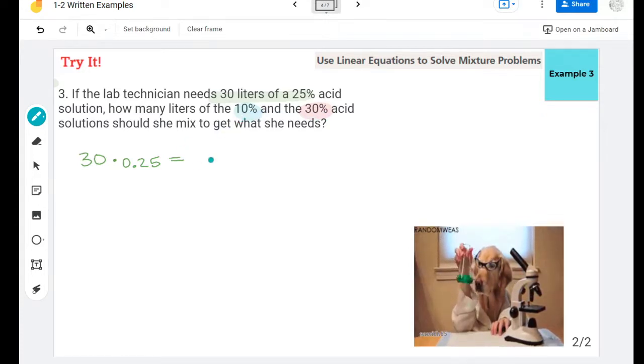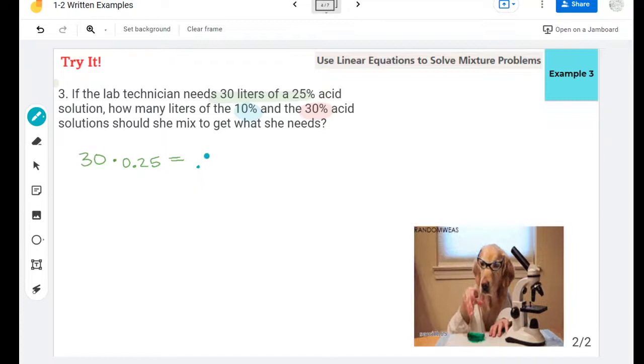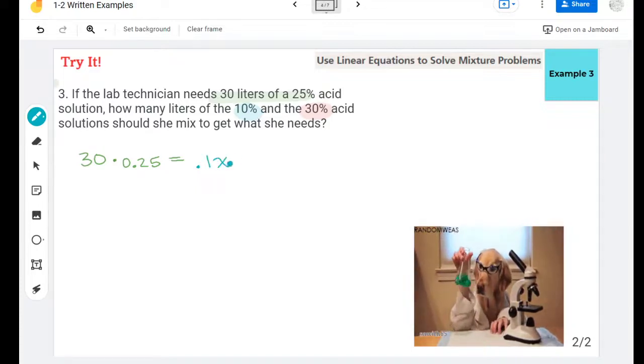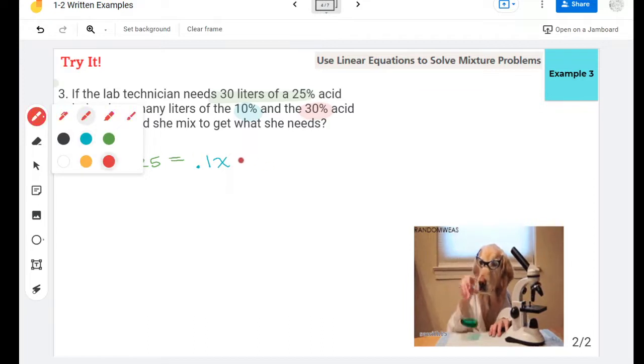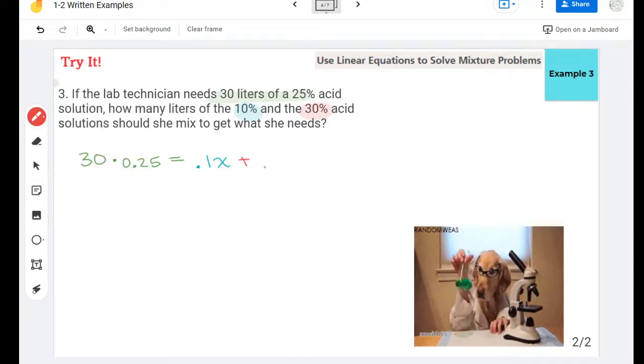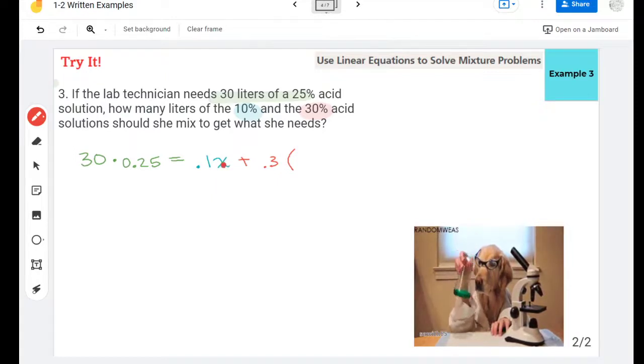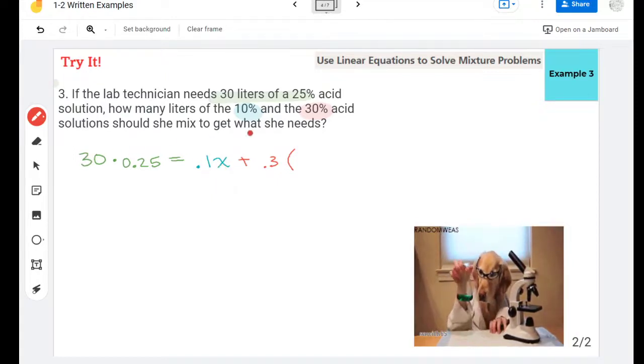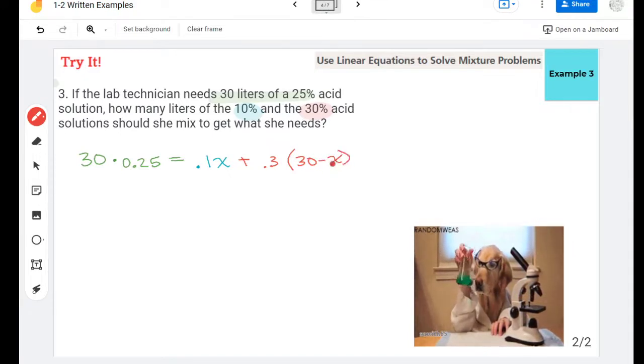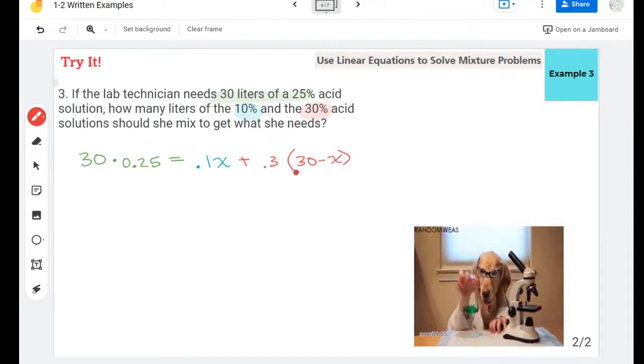So my 10%, I'm going to say is 10% times x number of liters plus 30% times, now I don't know how many liters this is, I know I need 30 liters total, so if I subtract whatever that x value is, that'll tell me how much I need for the red amount. Okay?